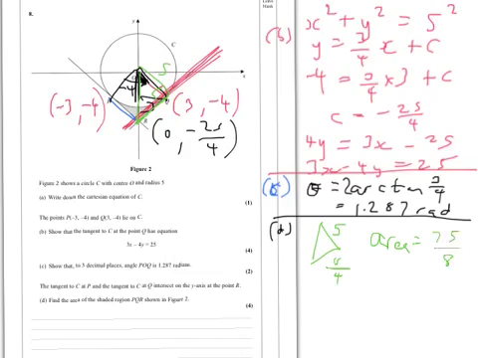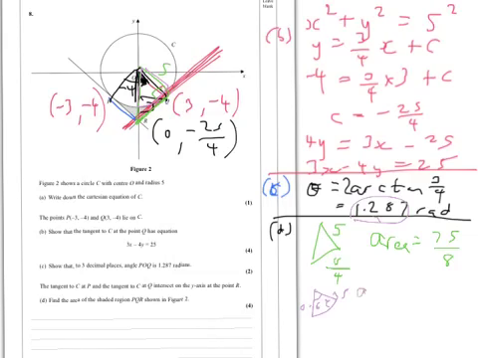And then the area of the sector, which is this bit here. We know that this angle here is 0.6435, basically half of the whole angle.